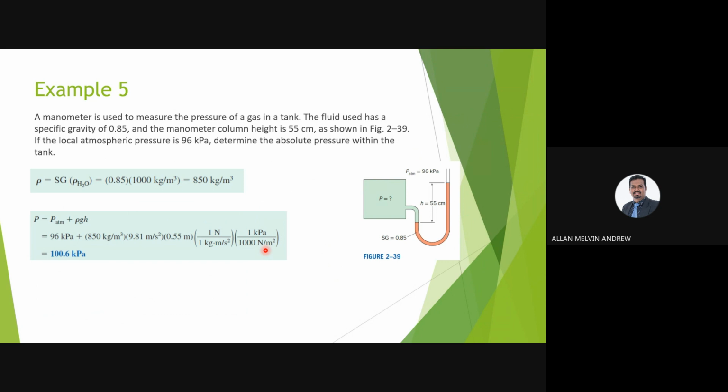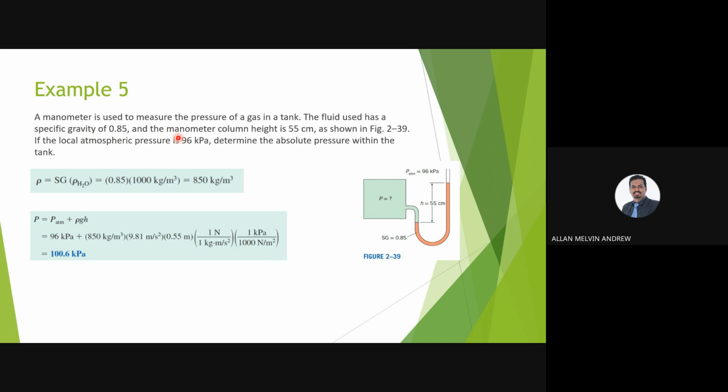Then we will enter example number 5. A manometer is used to measure the pressure of a gas in a tank. The fluid used has a specific gravity of 0.85. Specific gravity we studied in part 1, last week.